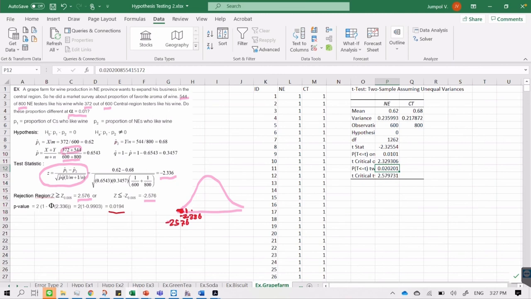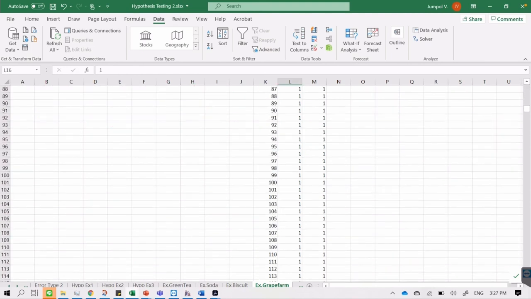I think it's all right. The critical value is 2.572. It's very, very similar. So yeah, you guys can use Excel to do that, but make sure that you enter the data correctly.